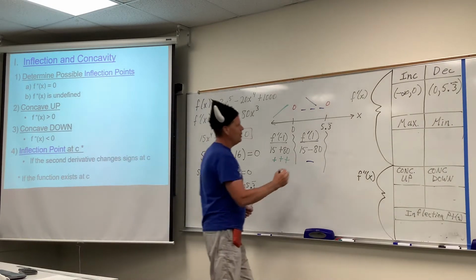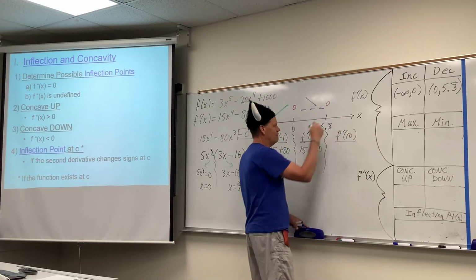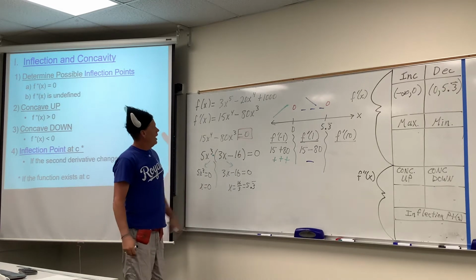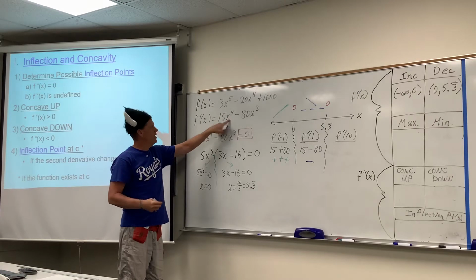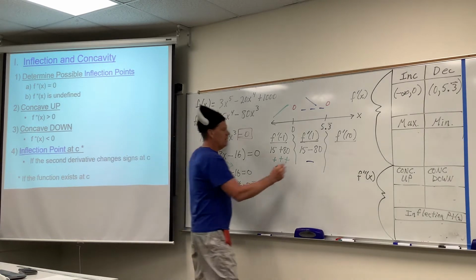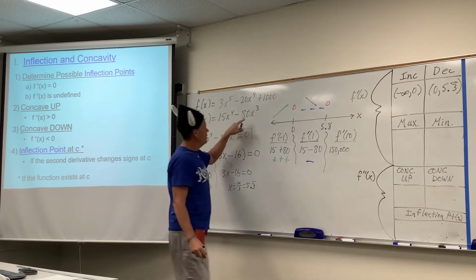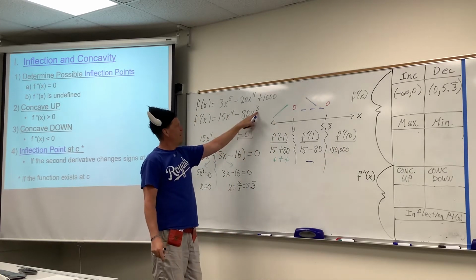F prime of, I'm going to pick 10 because it lives out there, and 10 usually is good arithmetic. Let's see. 10 to the 4th power, 10, 100, 1,000, 10,000. 10,000 times 15 is 150,000. Let's see. 10 cubed. You're welcome! 10 cubed is 1,000.